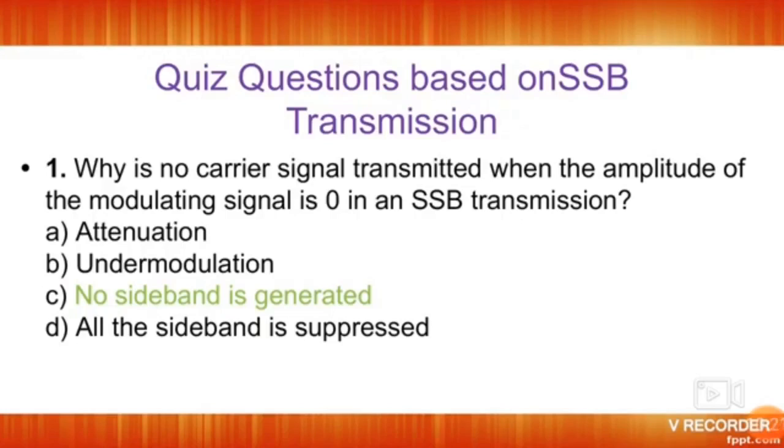Because of that, no sideband is generated. That is the answer. There is no chance of attenuation, there is no possibility of undermodulation, and all the sidebands being suppressed is also not possible. So when no sideband is generated, no carrier signal is transmitted.